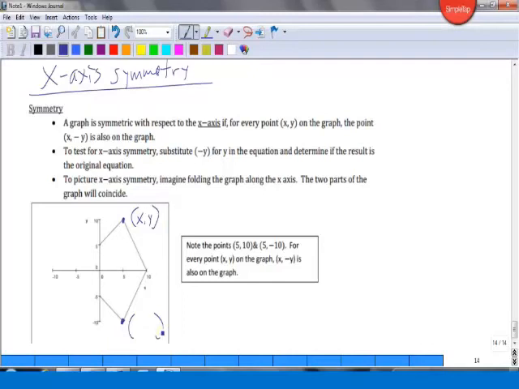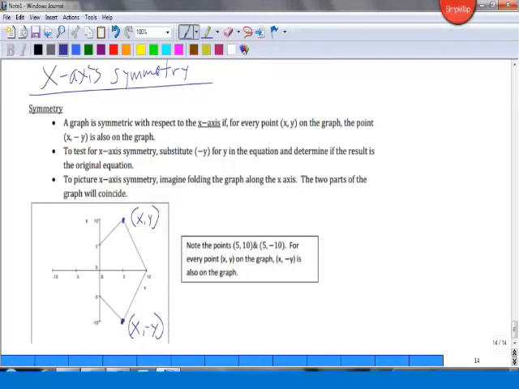One of the 2 is negative, looks like the same x-coordinate, straight up and down. Both have the same x-coordinate, same distance from the y-axis, same direction from the y-axis, but the y-coordinate's also the same distance from the x-axis, but opposite sides. So if x, y is on there, x, negative y is going to be on there.